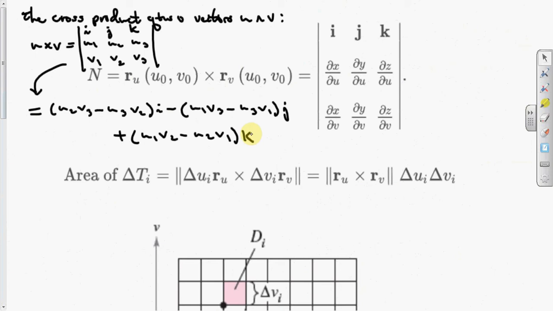Okay. The same way how we found the curls, that same structure here.